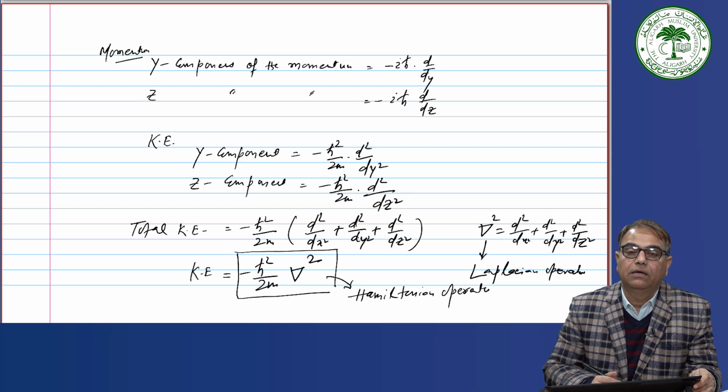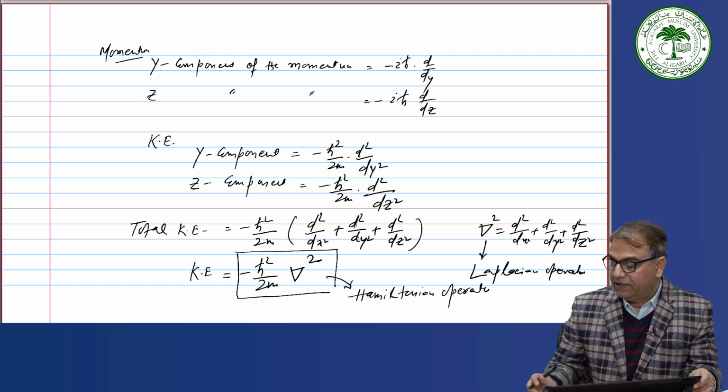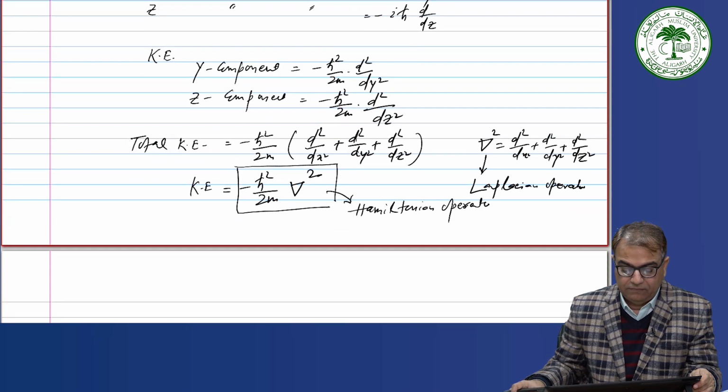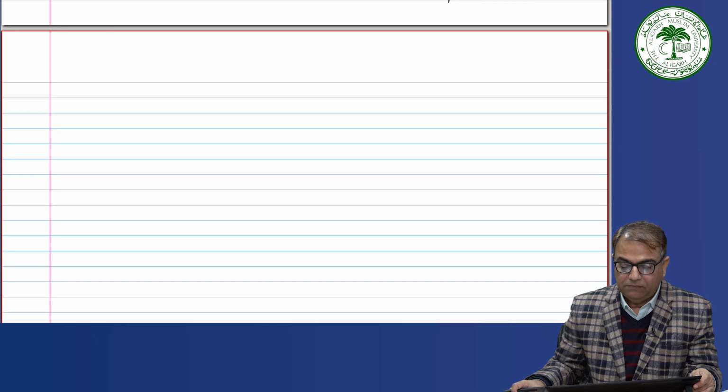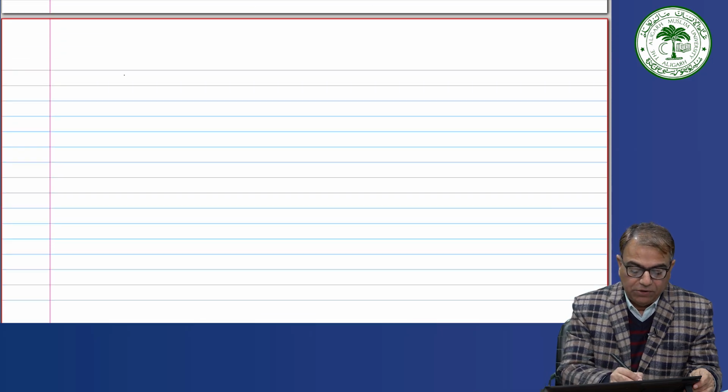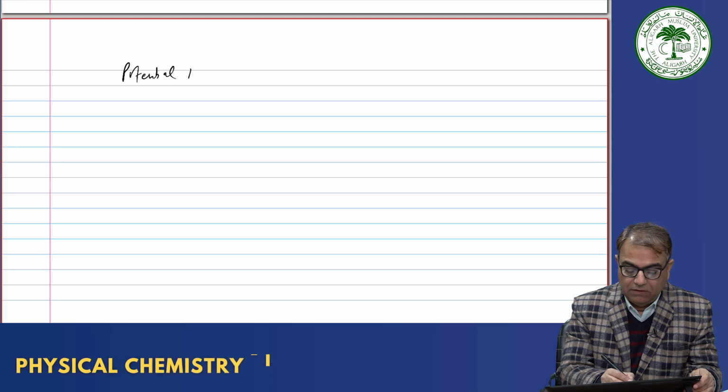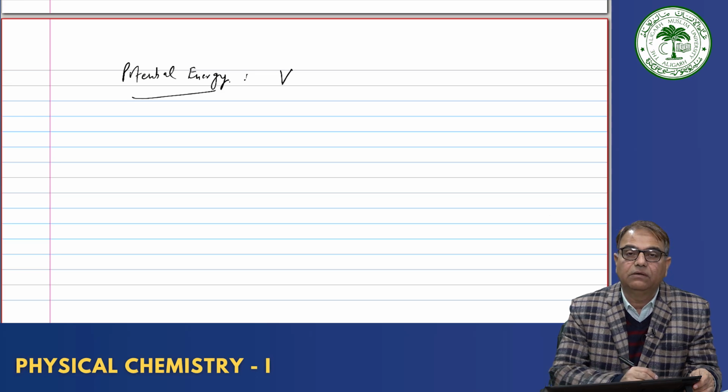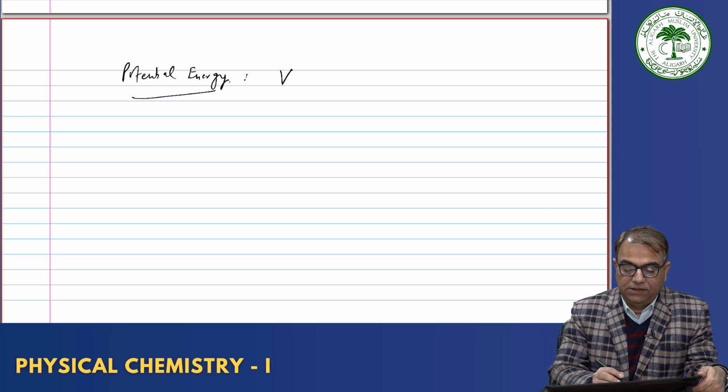Okay. If I say potential energy, for potential energy we give a symbol V, and this potential energy depends upon your system, that how the system is interacting. Okay.